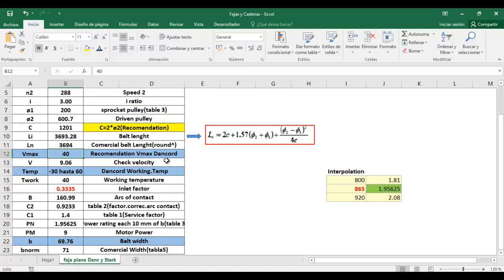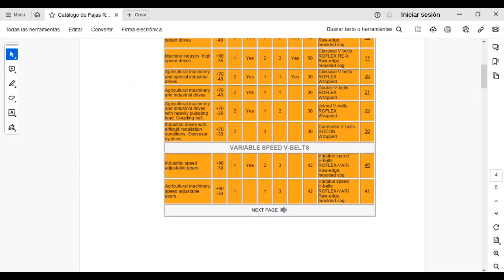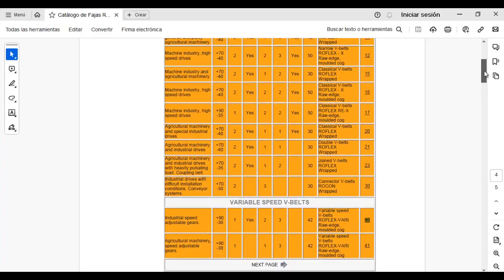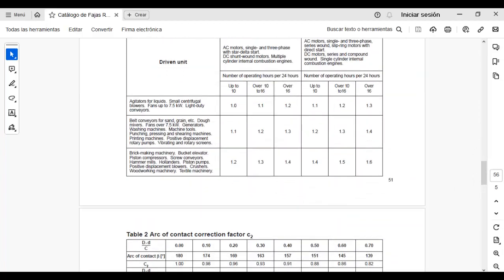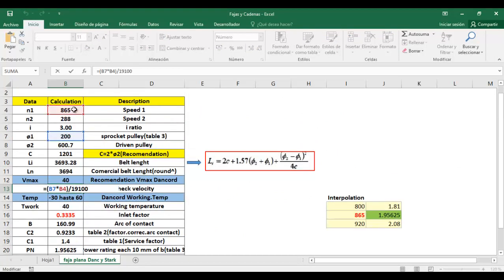Okay. We have some recommendations for the brand. In this case, for Dancord, the max speed is 40 meters per second, and as you can see, for V-belts and flat belts you have a maximum speed of 40. This is only for notes, because you can also calculate with the speed in RPM.